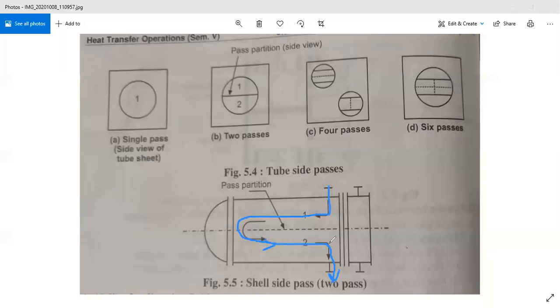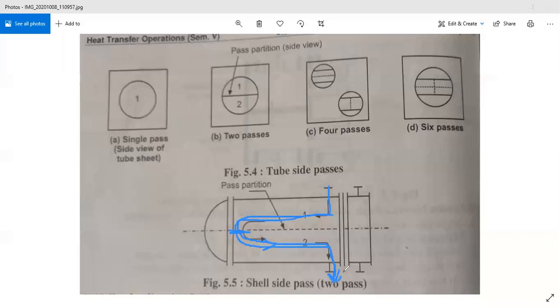For that purpose, you have to arrange the metal partition again in this area to direct this shell side fluid to flow in such a way that these fluid particles, that is shell side fluid particles, should pass through the heat exchanger 2 times.